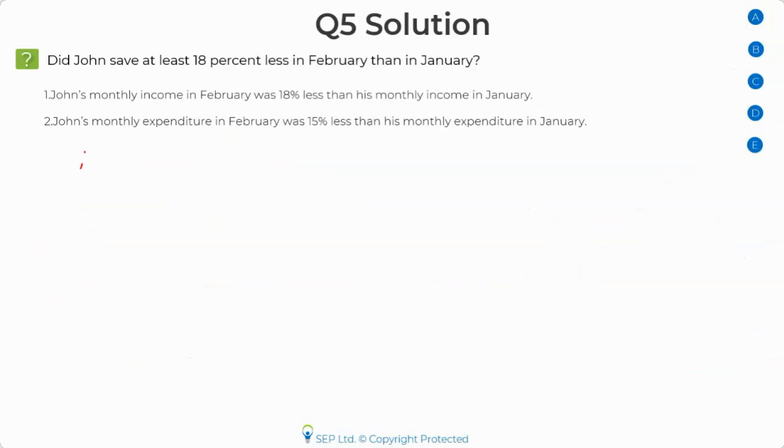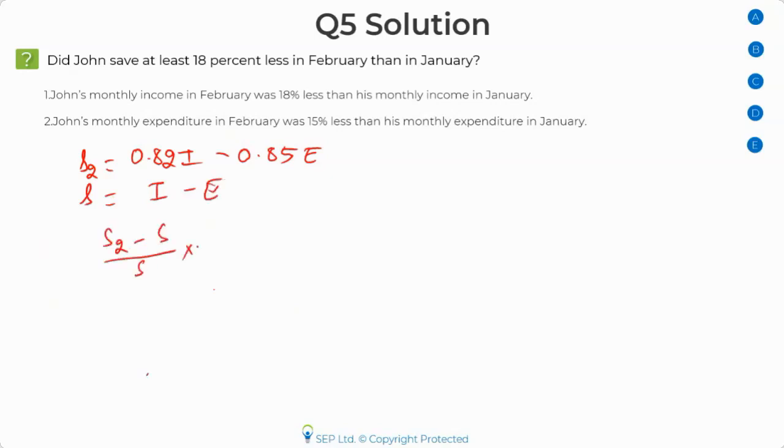I know S2 is 0.82I minus 0.85E. I know S is I minus E. I'm focused on finding whether this value is greater than 18 or not. That's my objective. Conceptually it can be solved in a much quicker fashion, but let's do it mathematically instead.